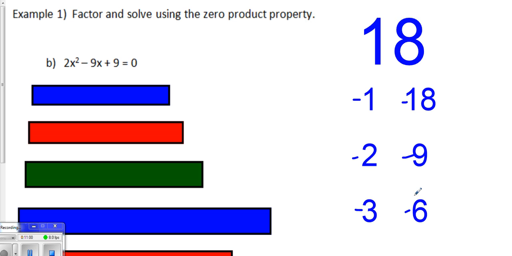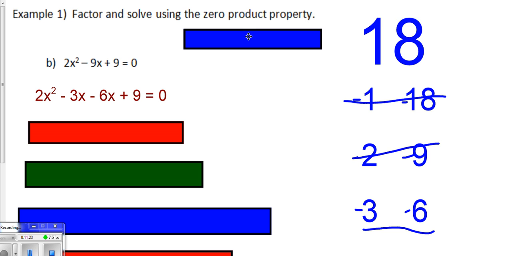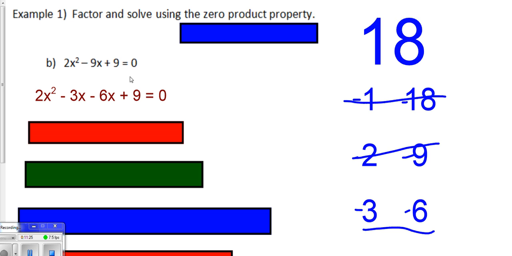Because negative times a negative makes a positive, negative plus a negative would make another negative. So, which of our factor pairs would add up to negative 9? Well, these would be negative 1 and negative 18, these would be negative 2 and negative 9, and 3 and 6 would be negative 3, negative 6. Those ones will add up to negative 9. So that's going to be our factor pair. That's how we break it apart.